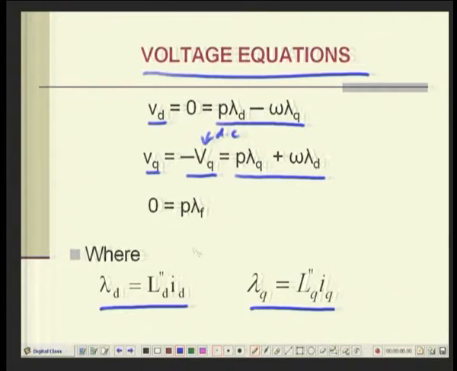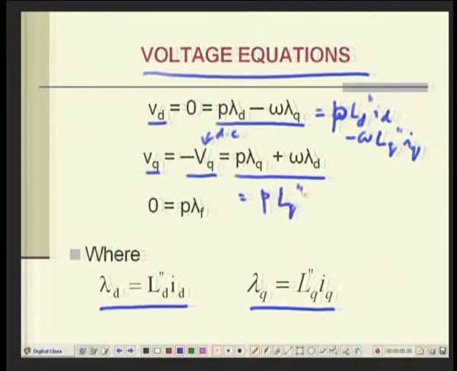Okay. So, you can say this is nothing but omega L d double dash I d minus P L d double dash I d minus omega L q double dash I q, is not it, and this will be P L q double dash I q plus omega L d double dash I d, right, and of course, this will be P lambda f, right.